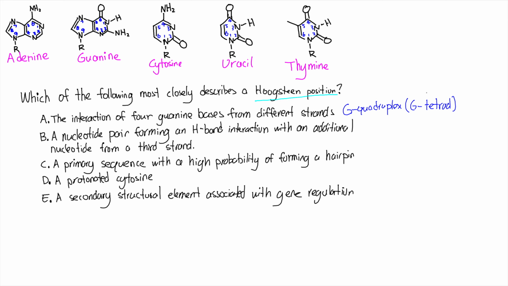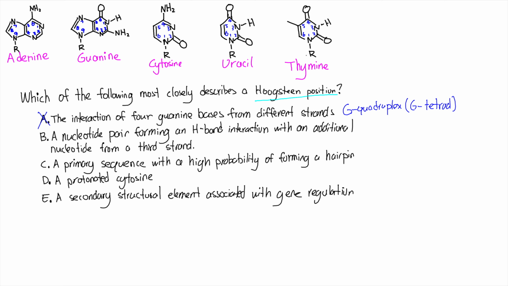It's a specific type of four-stranded DNA structure, right? So this one certainly does utilize Hoogsteen type hydrogen bonding to hold four guanines together in a square plane. But the description itself defines a quadruplex, and it's not a general definition of Hoogsteen position or interaction. So I would eliminate this option.